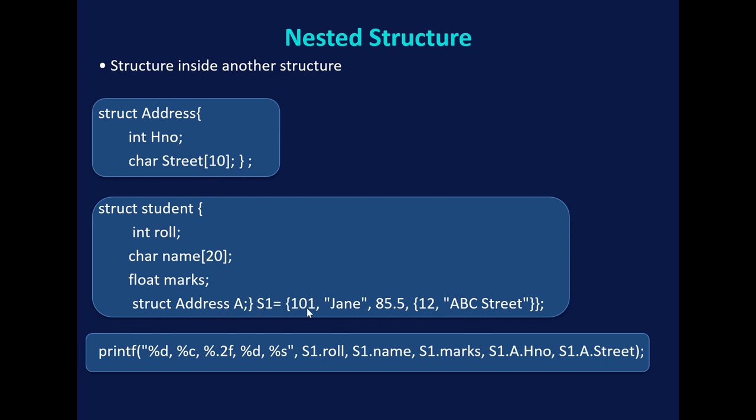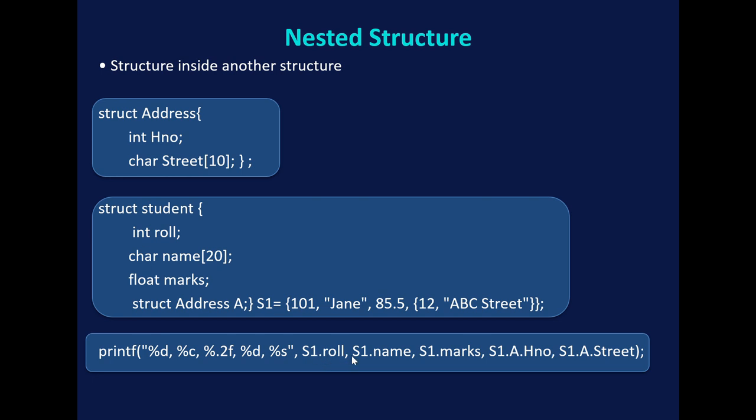And thereafter to initialize, look at the syntax. For the direct members we do this, and for the nested member we can have a set of curly brackets, which is actually optional, but it's easier to understand to have a set of curly brackets within to represent the nested structure's elements. And thereafter to print the details of the members, it's important to note the way we refer to the members.